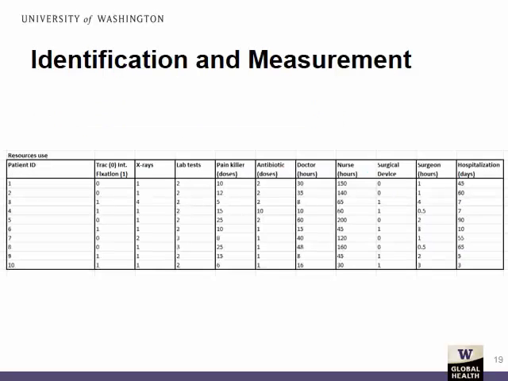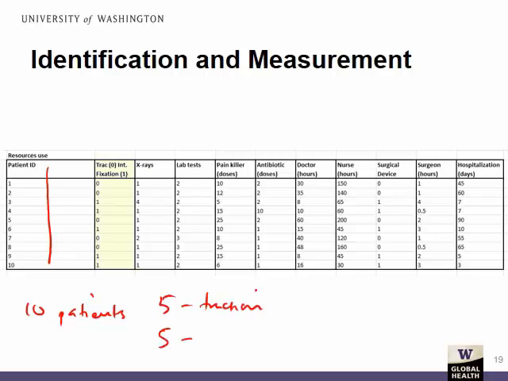So we might use Microsoft Excel, and this is an Excel spreadsheet, and I can actually make this easy Excel spreadsheet available to you. But you have this column here with a patient ID, and we have 10 patients. And just for convenience, we have 5 patients who have traction and 5 patients who have internal fixation.